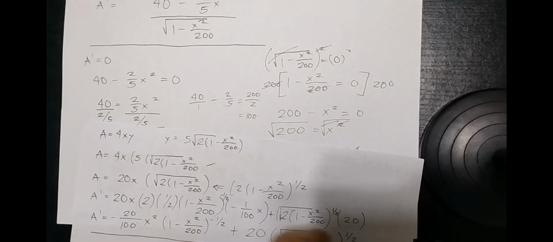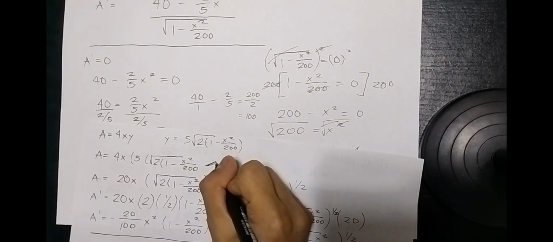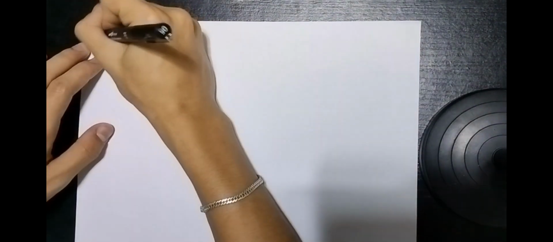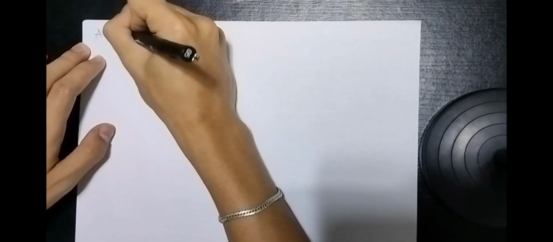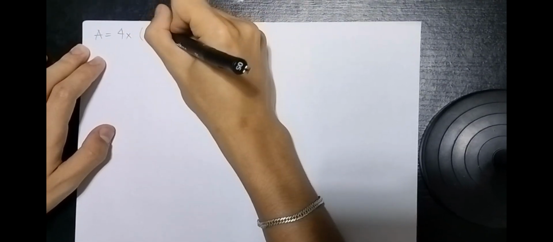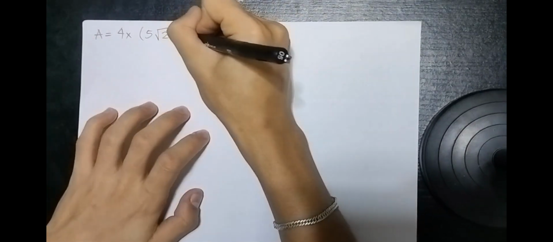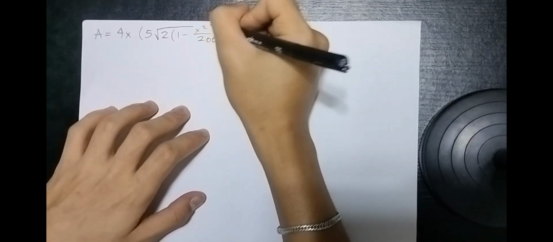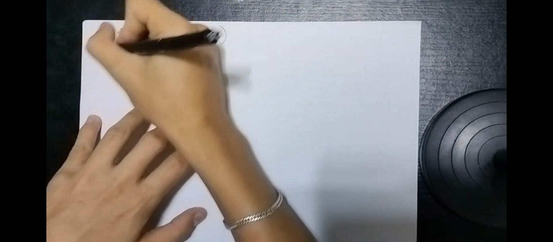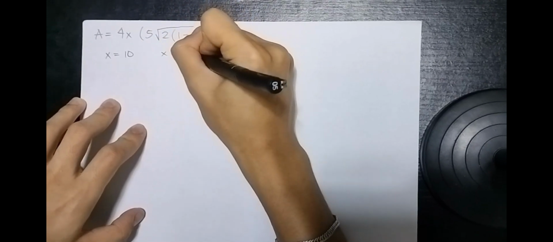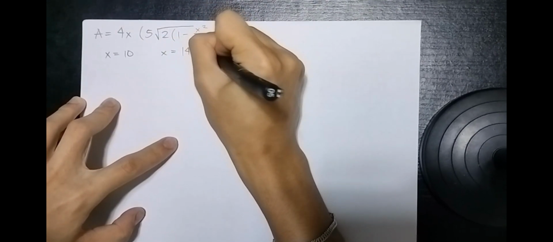We can now substitute those critical numbers to this formula. First critical number that we substitute is x is equal to 10.